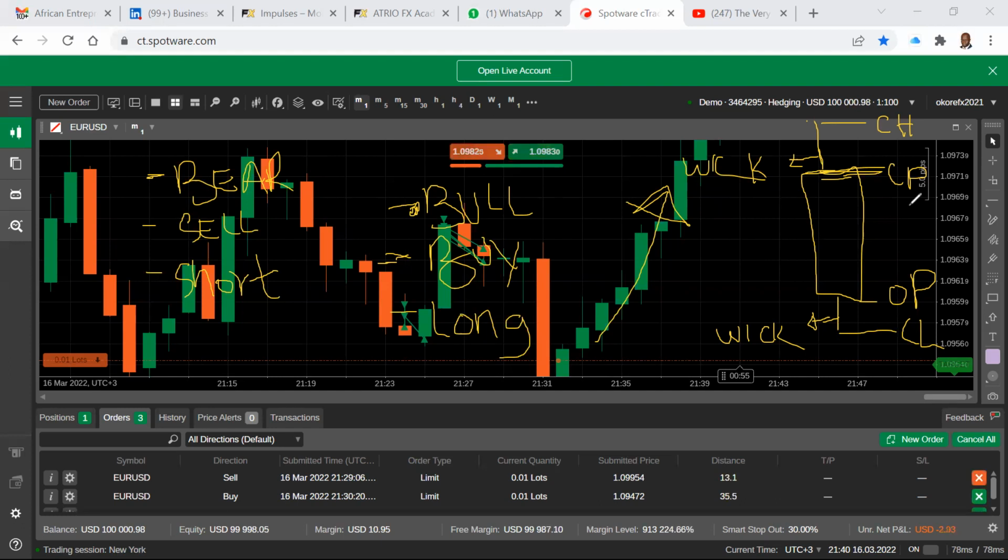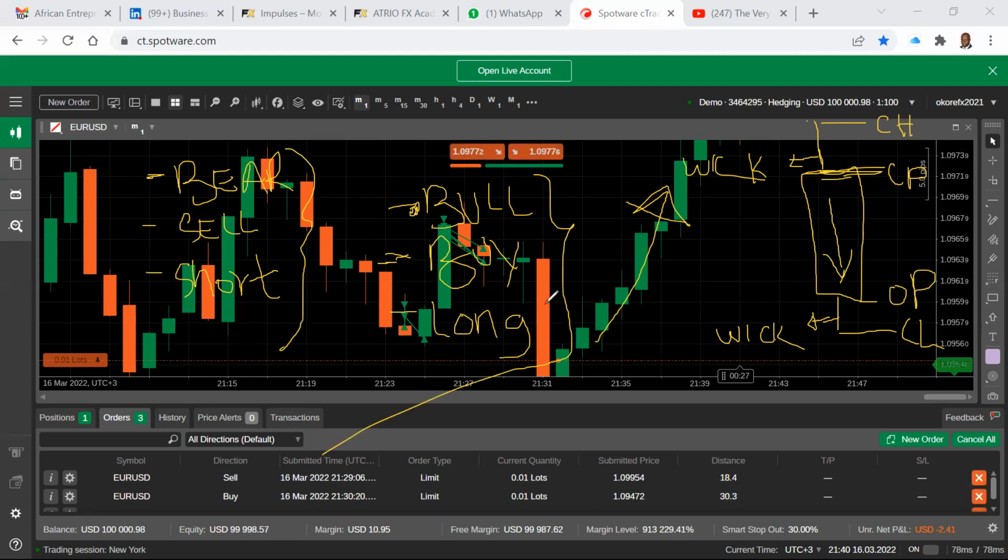In the Forex market, we use the candle to represent all these things, but each movement means something. If this candle was an orange candle, everything here would be the opposite.